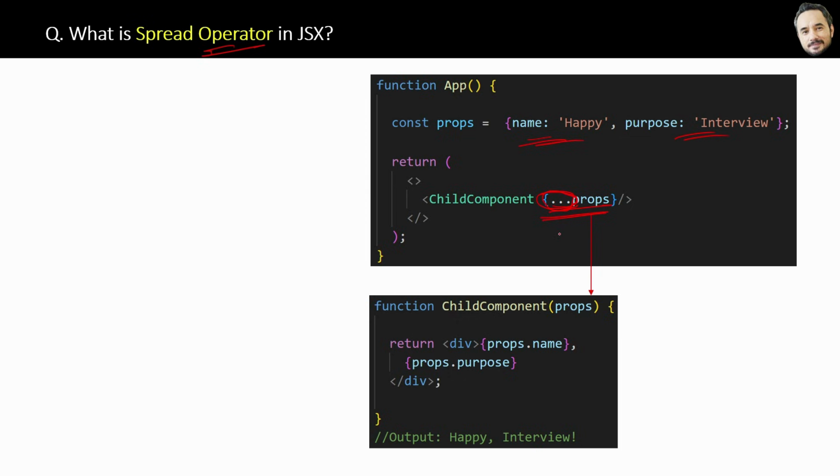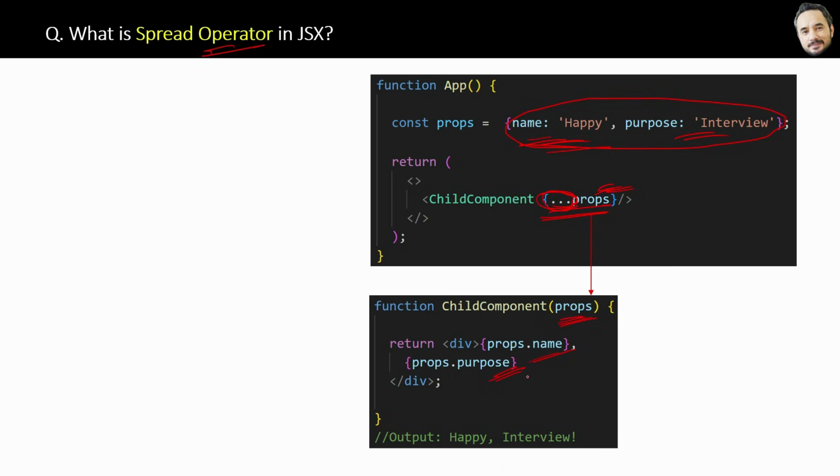They are doing nothing special, internally they are just spreading, or you can say expanding, these properties or any object here. So this is just a shortcut way of writing, but internally it is the same. The way of accessing these properties in the child component remains the same as normal properties.